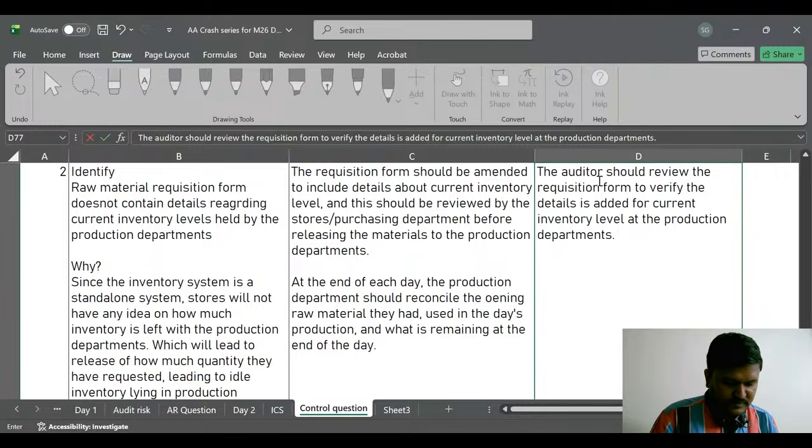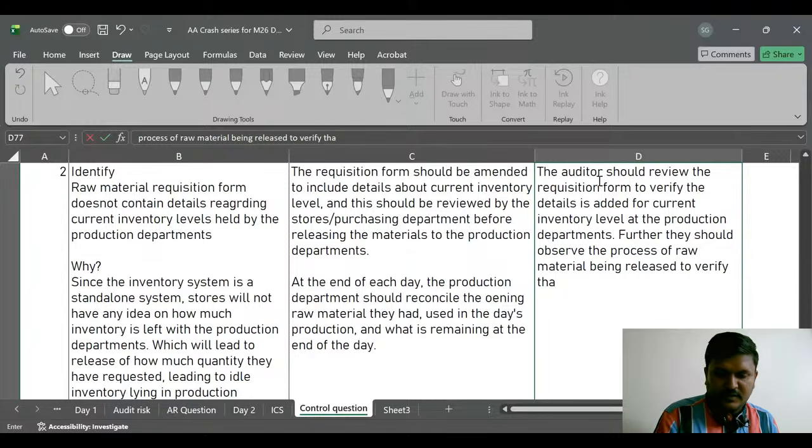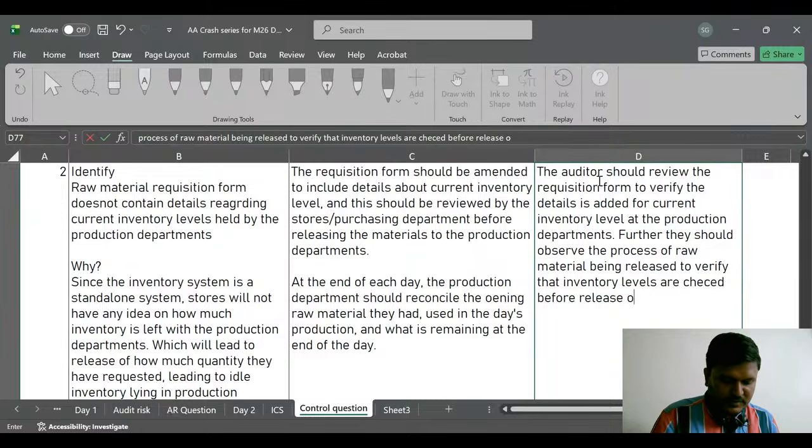Plus further they should observe the process of raw material being released, to verify that inventory levels are checked before release of inventories.